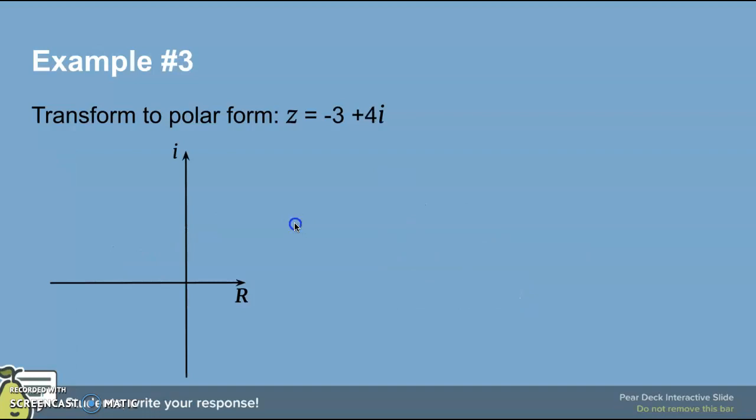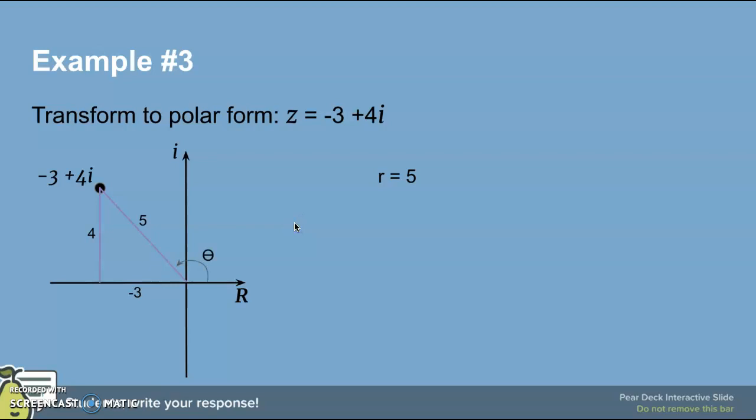Again, this point, -3 plus 4i. I've gone -3 units over, 4 units up. I'll give you a moment to think about the hypotenuse. Of course, this is a 3, 4, 5 right triangle, so r is 5. And then I want the angle. Well, that's theta.